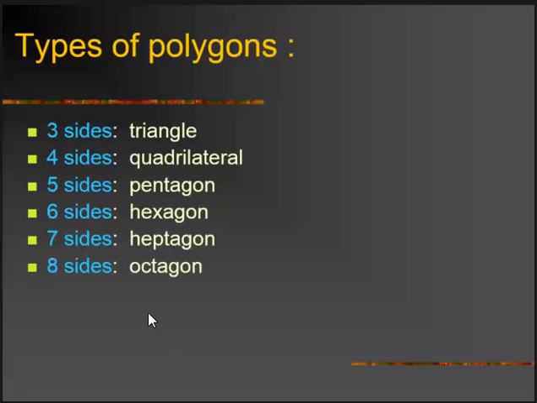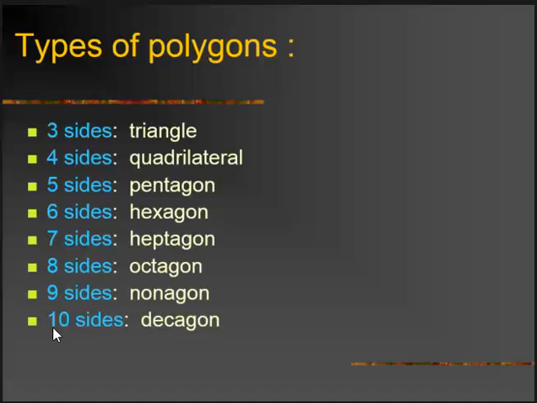8, octagon, like an octopus, has 8 legs. Nonagon means 9. Kind of put those two together because they both have 2 ends in them. Nonagon is 9 sides. And a decagon is 10 sides.